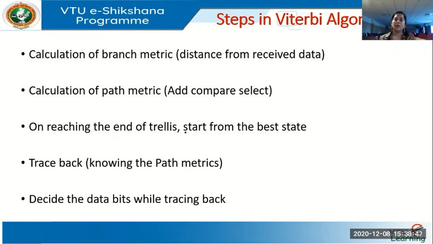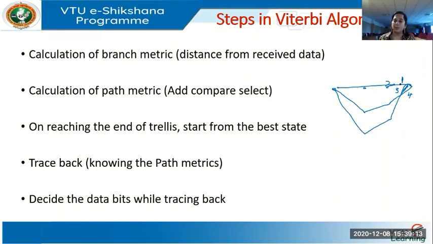On reaching the end of the trellis, start from the best state. So you have a long trellis, okay, say 7 or 8 time units. You have multiple paths ending up. You can start with the best. This distance is 1, let me say, this distance is 3, this is 4.